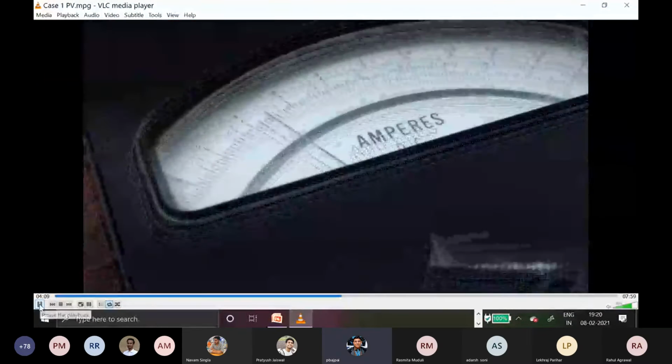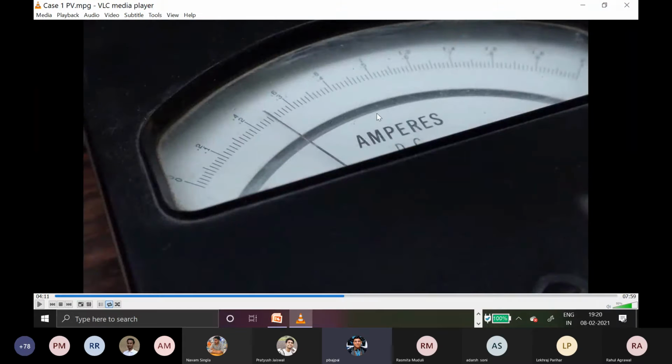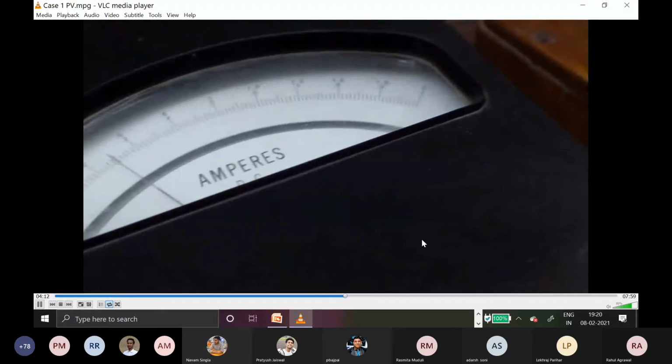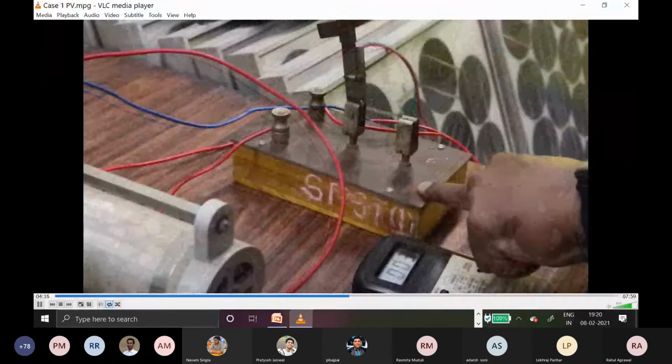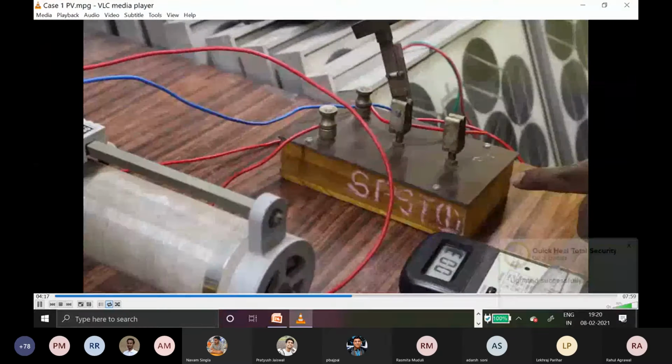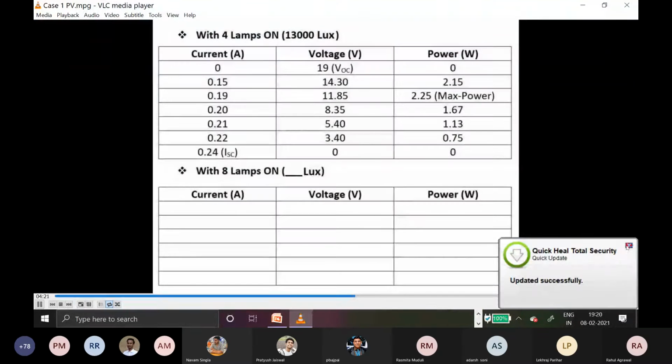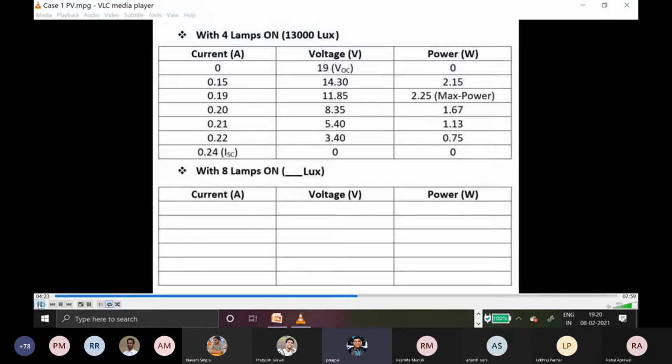So this is now 0.24 ampere, the short circuit current, and voltage is almost 0. So this is the first set of data with 4 lamps. Similarly, we get the data for 8 lamps and 12 lamps and 16 lamps.